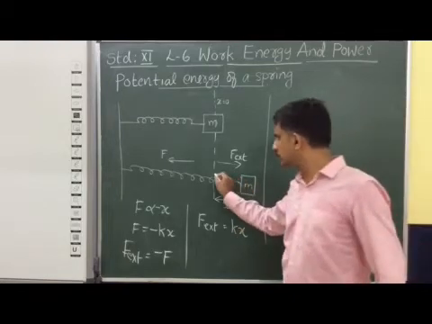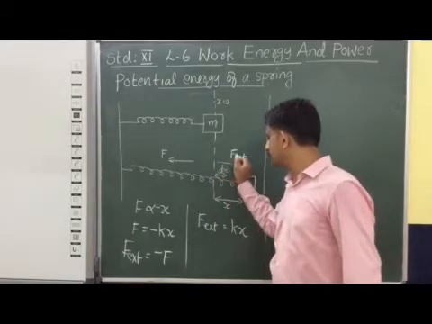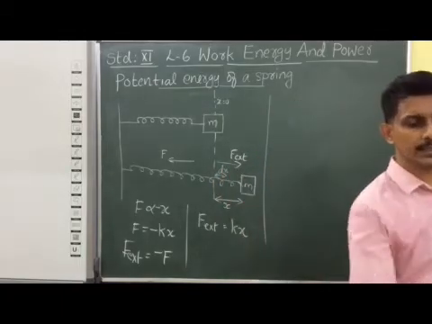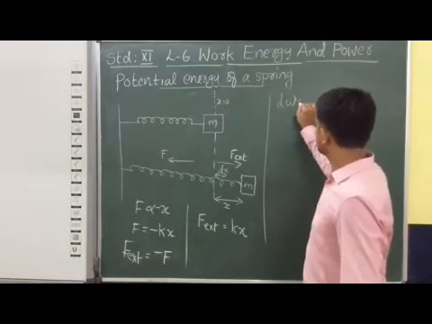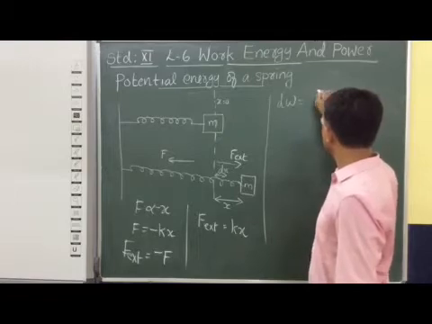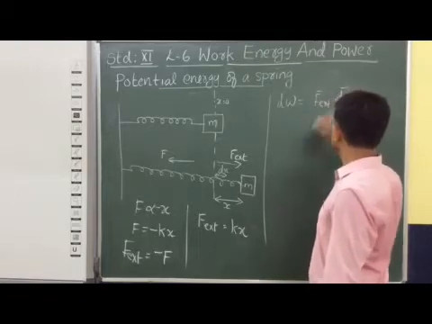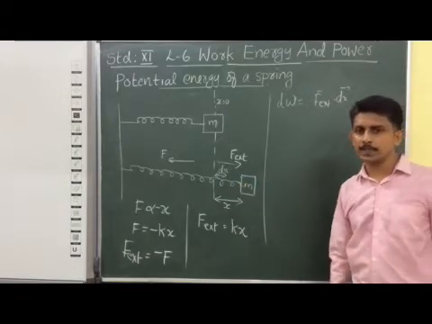Initially we calculate the work done for a small displacement dx. The corresponding work done is dW, so dW = F external · dx. This is the work done during a small displacement dx.